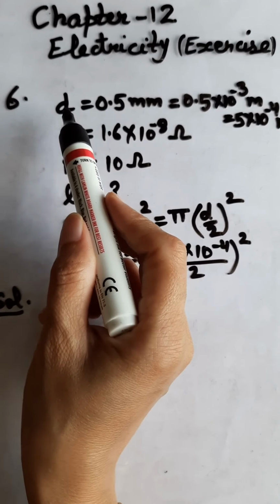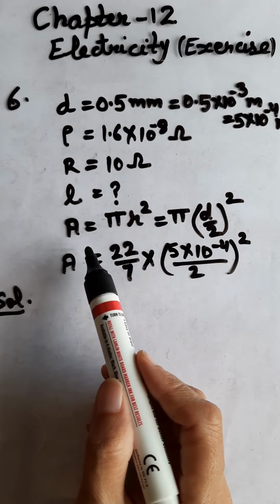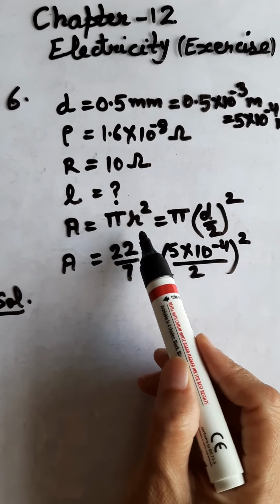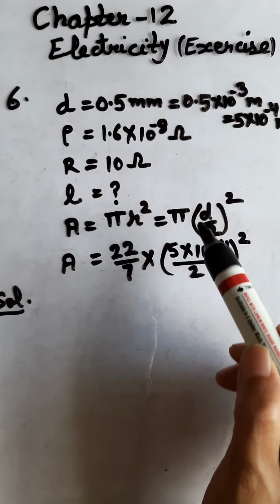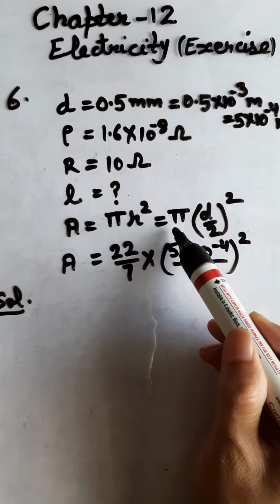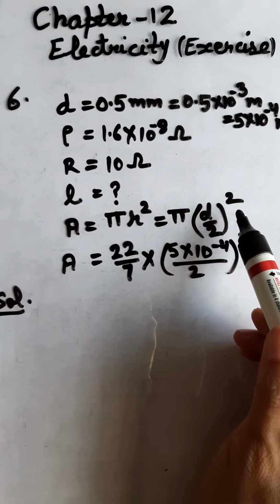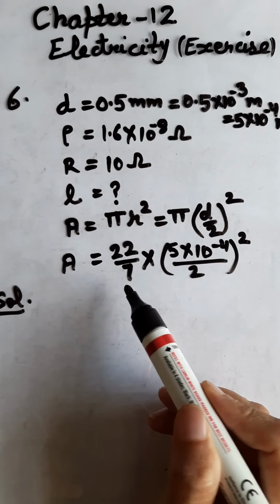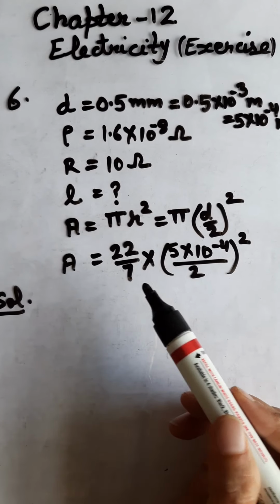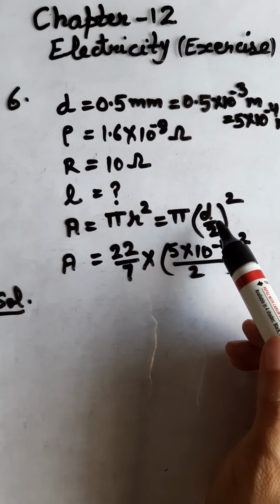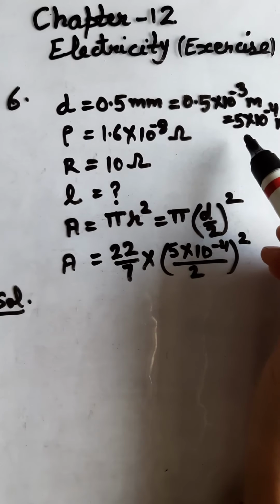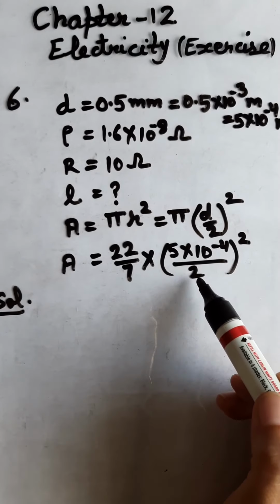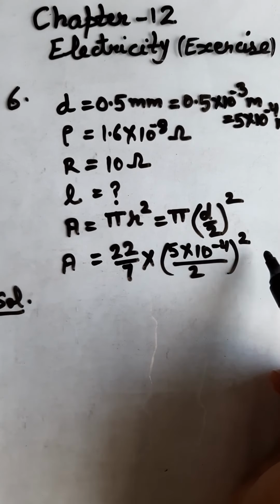Now with the help of the given value of diameter, we have to calculate the area. Area equals pi r square. As we have been given the diameter, we can write it as pi into d by 2, whole square. So area will be pi, whose value is 22 by 7, or you can take 3.14, it's your wish, then d is 5 into 10 to the power minus 4 divided by 2, and it's a whole square.